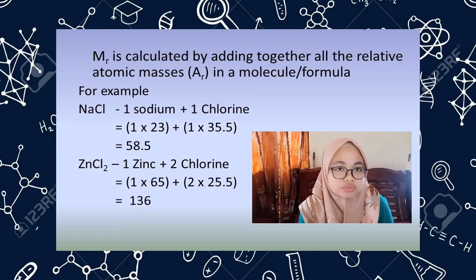The second example is zinc chloride: 1 zinc plus 2 chlorine. You can calculate bracket 1 times 65 plus 2 times 35.5, you can get 136.